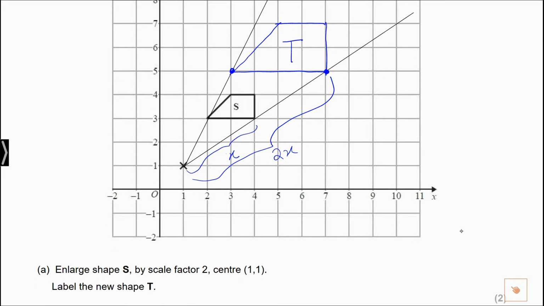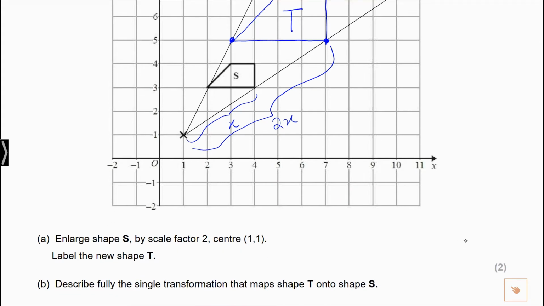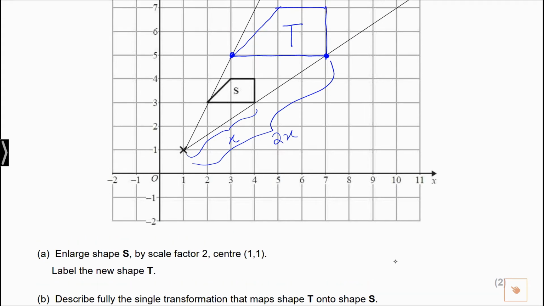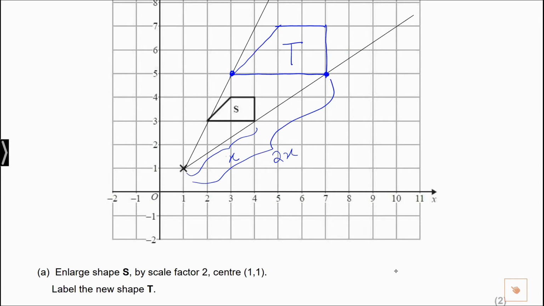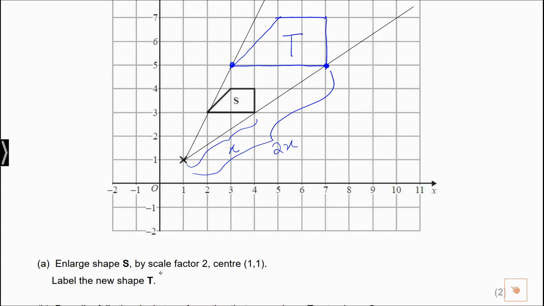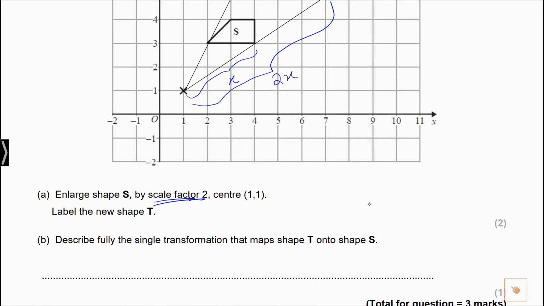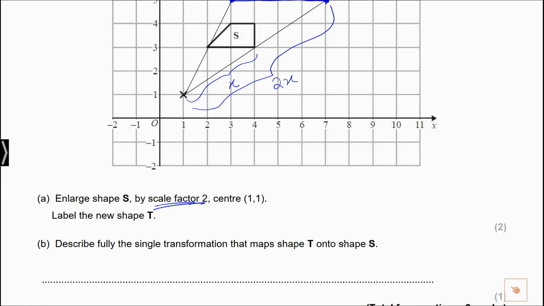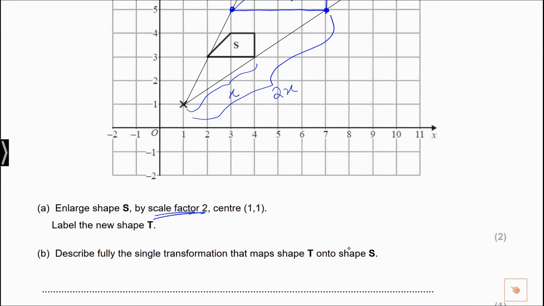Good. And then part B, describe fully a single transformation that maps T onto S. So T onto S, well, that's like the opposite of multiplying by 2, because from S to T, we're basically multiplying the length of this shape by 2. So the opposite of multiplying by 2 is dividing by 2, which is basically same as multiplying by half.